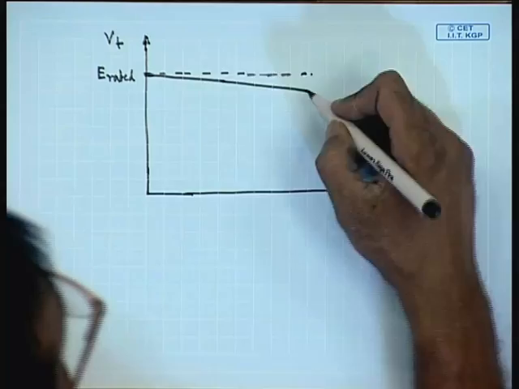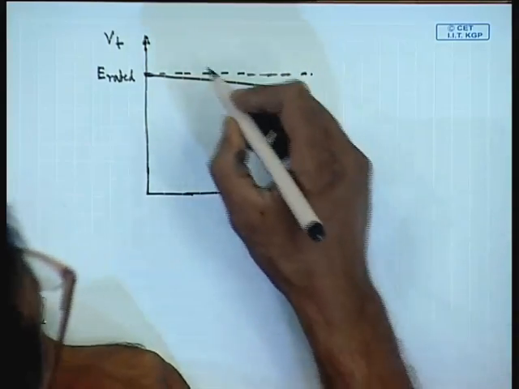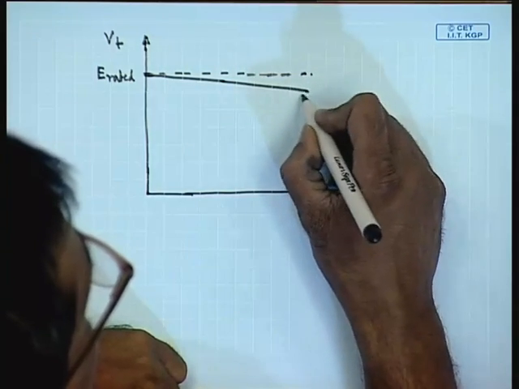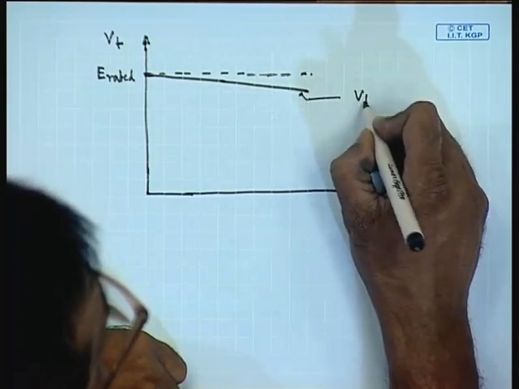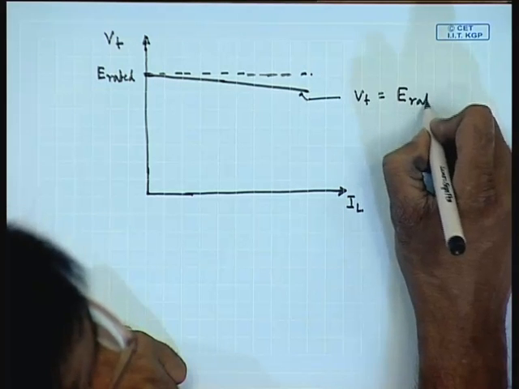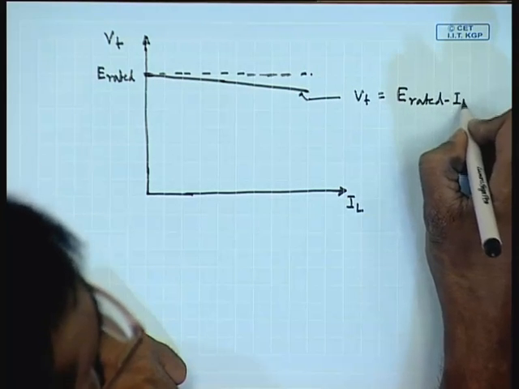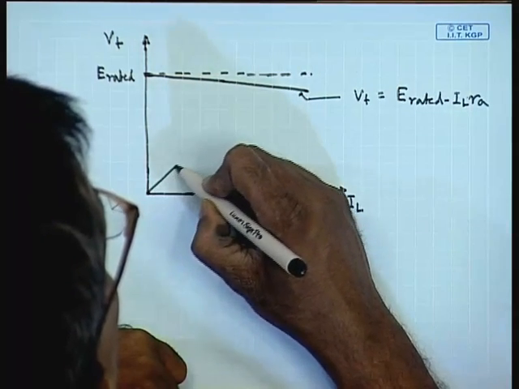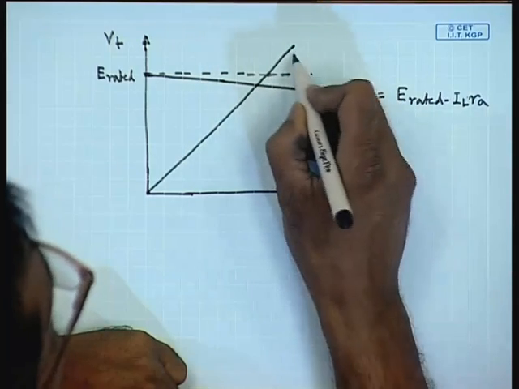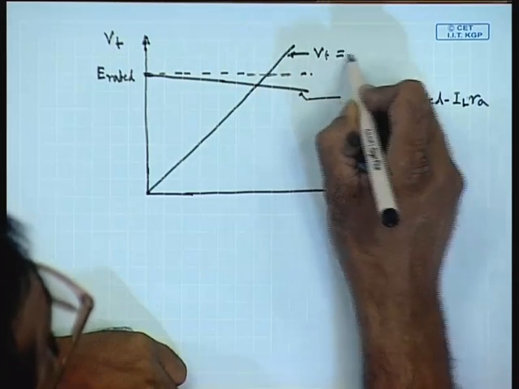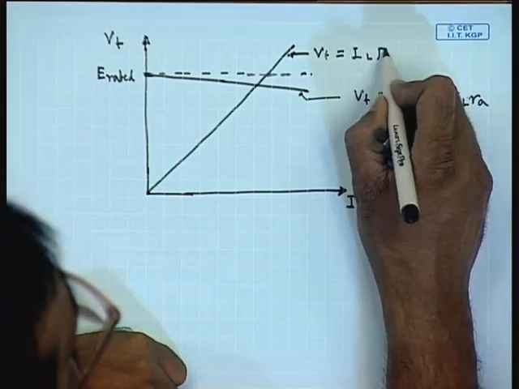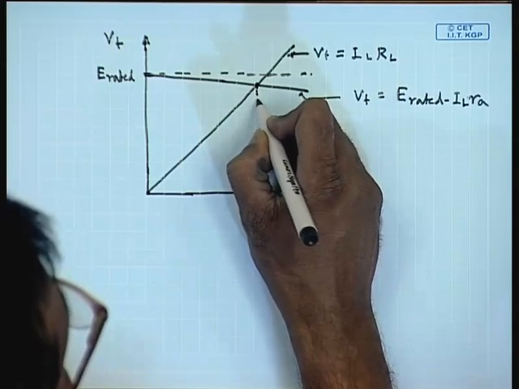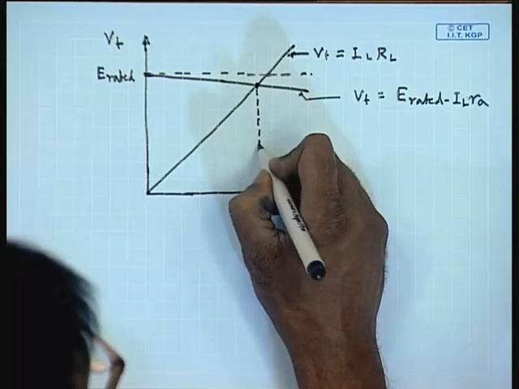For a given load resistance, the terminal voltage also obeys the first equation, the load line equation. So, this equation represents V t equal to E rated minus I L R A, while the load line equation is given by V t equal to I L R L. So, for a given resistance R L, the operating point is given by the intersection of these two characteristics.